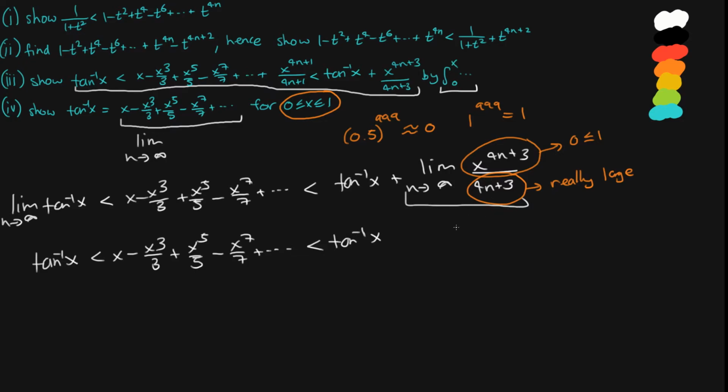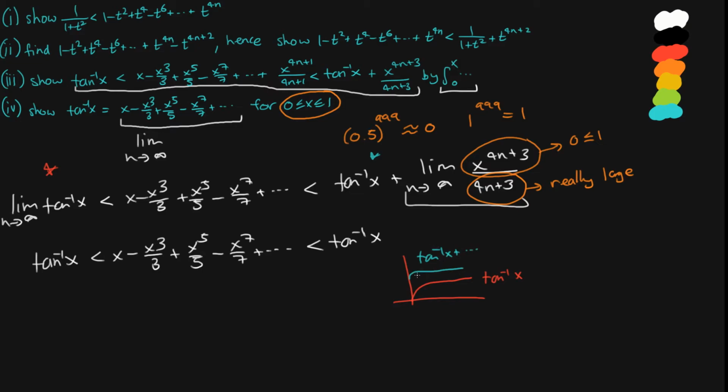As we add more and more x terms, the graph would look something like this. That's going to be our inverse tan x over here. This would be our inverse tan x plus that other junk.